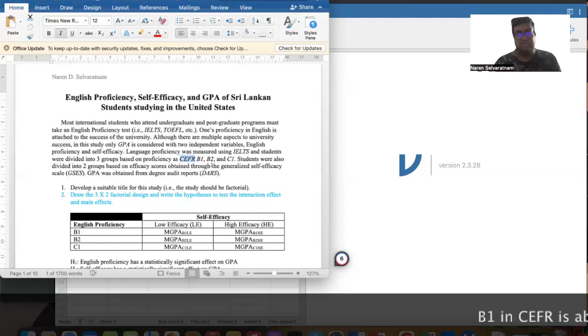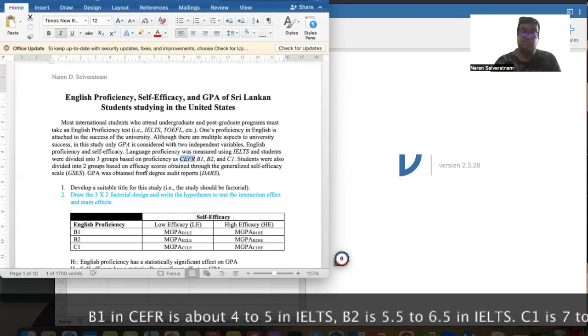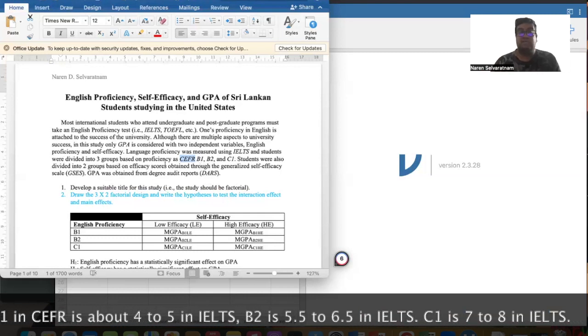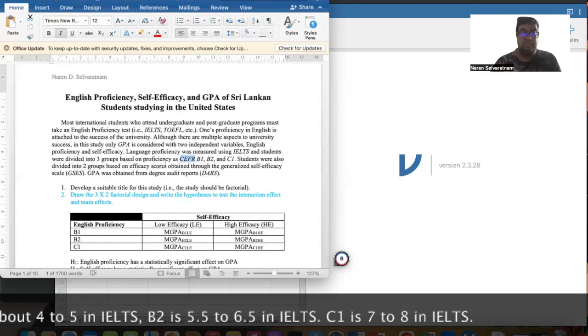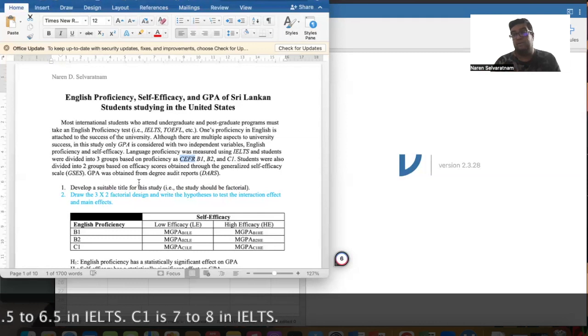I'm not too sure, you can check on that. And C1 is generally, I think, about 7.5 to 8, something like that. Students were also divided into two groups based on their efficacy scores, high efficacy and low efficacy. And then through a degree audit report system, you can get the GPA of students as well.